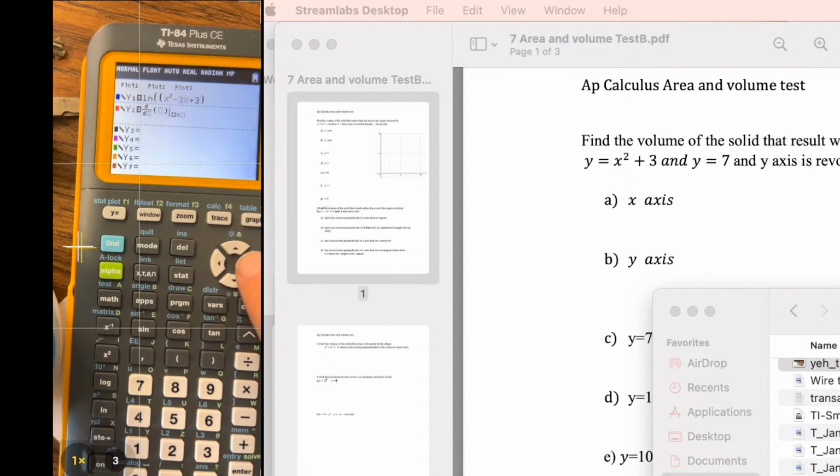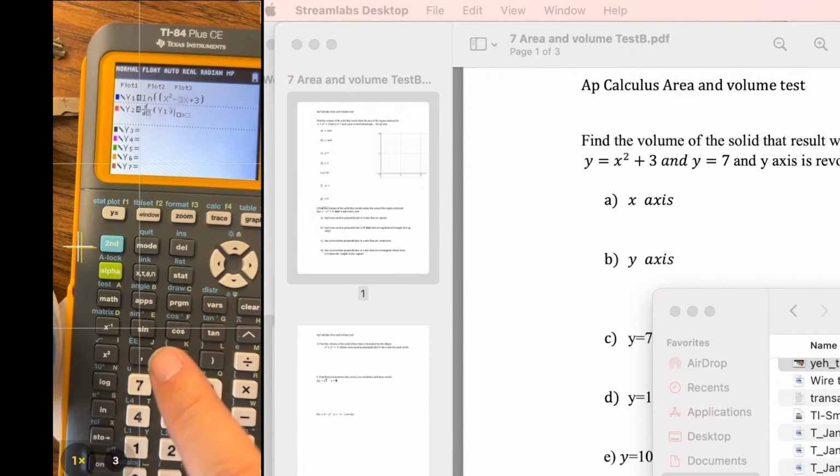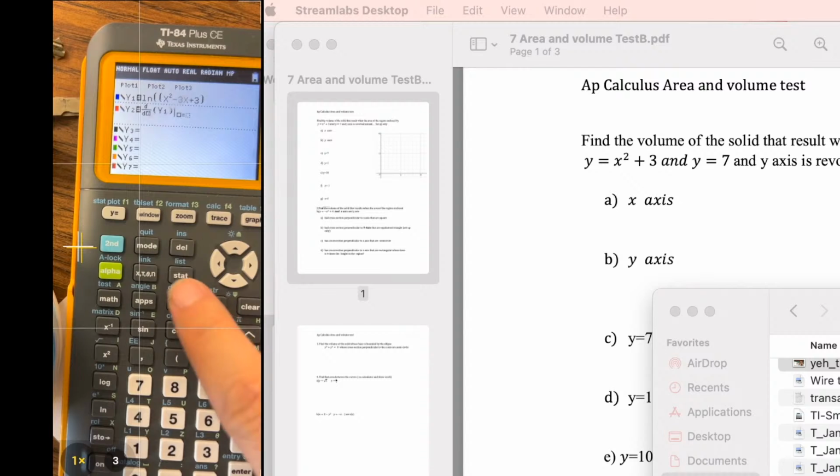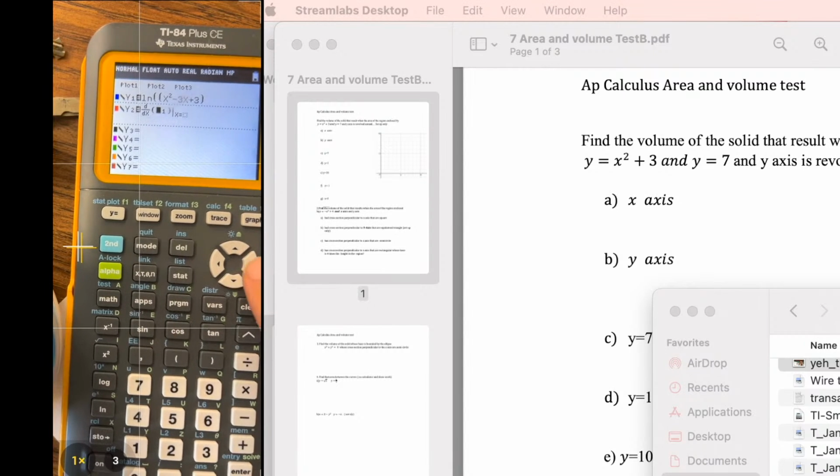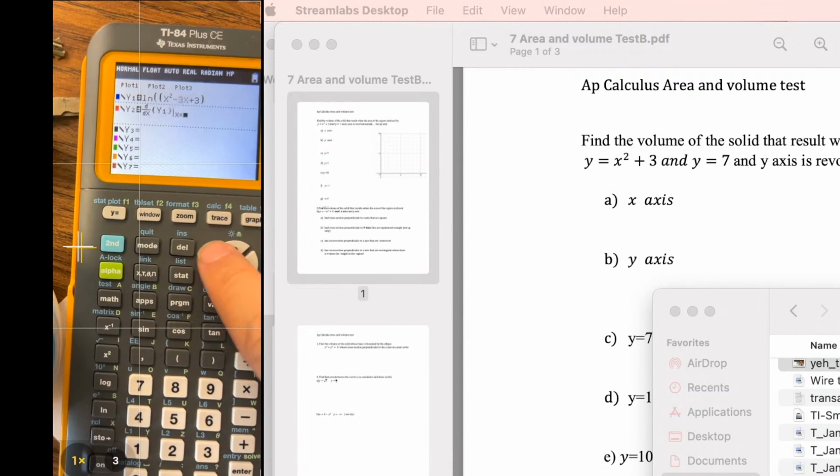For yours, you're going to go to vars, then Y-Vars, Function, Y1. And when you do that, you're going to press comma. For Shang, it's going to be comma x and comma x. So comma x, that's the syntax. And we have comma x here.